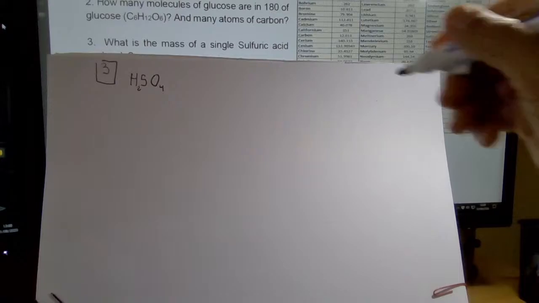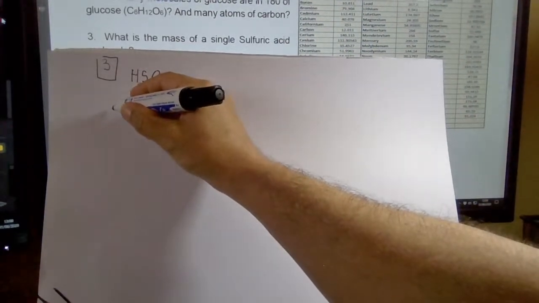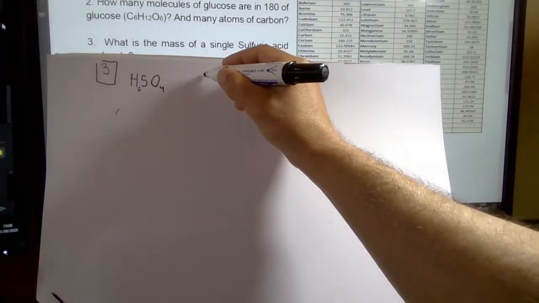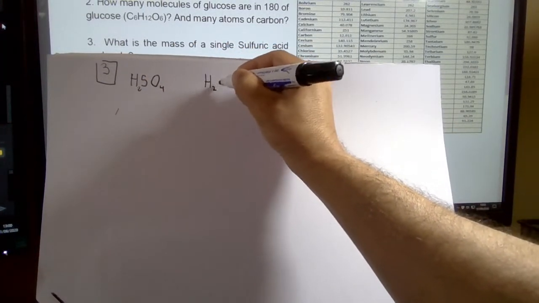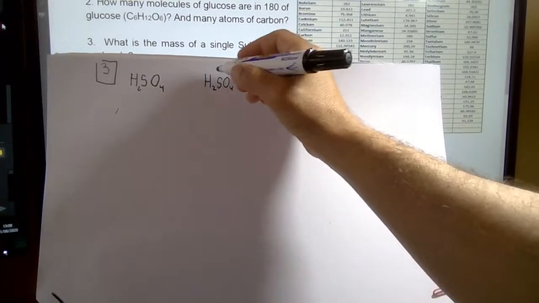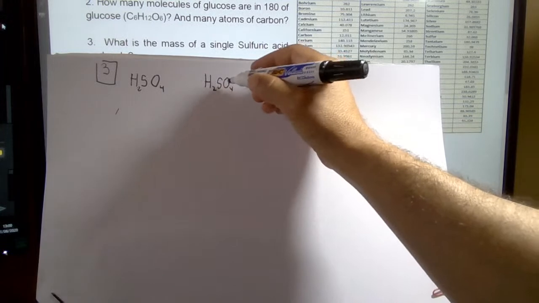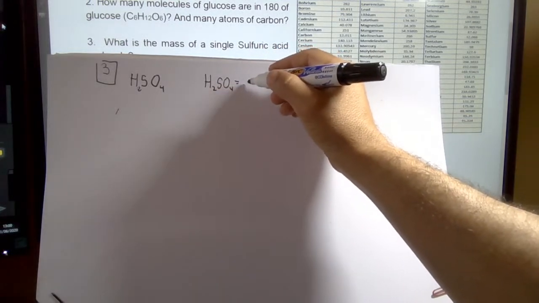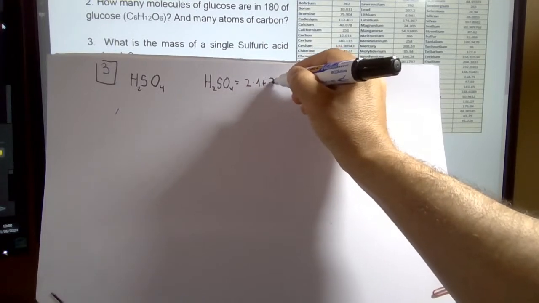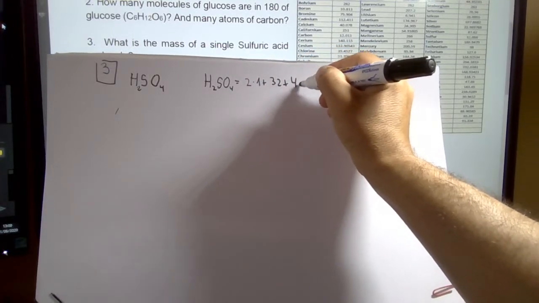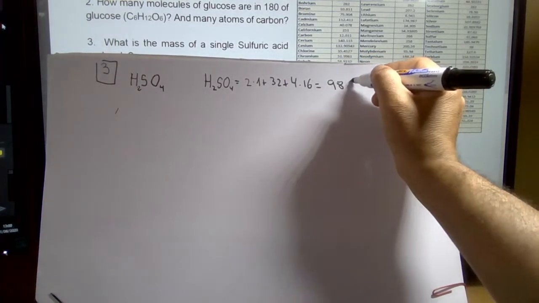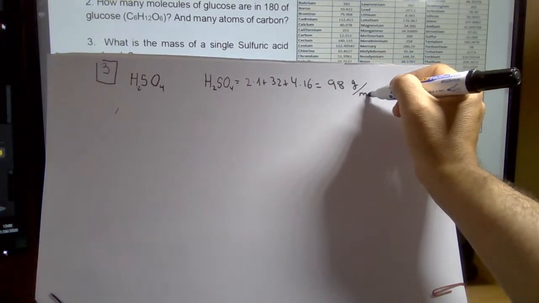One molecule, okay? We need to calculate first the molar mass: 2 plus 32 plus 4 times 16 equals 98 grams per mole.